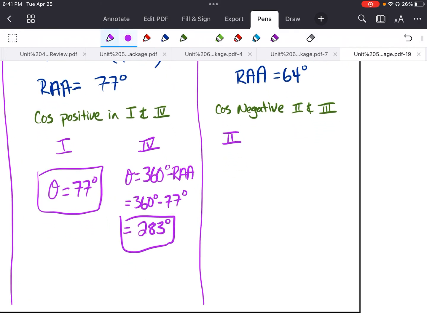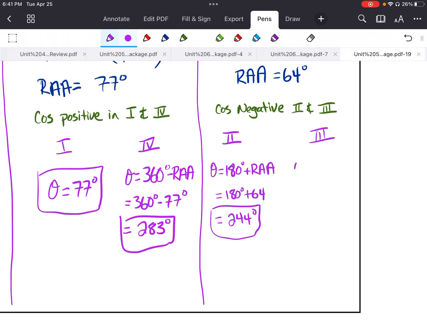Quadrant 2, the principal angle is 180 plus RAA. So we get 244 degrees. And in quadrant 3, oh, my mistake.